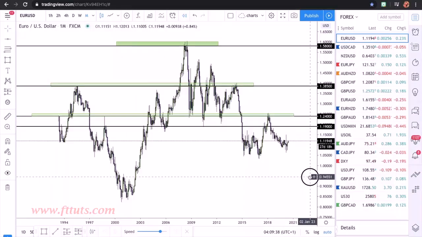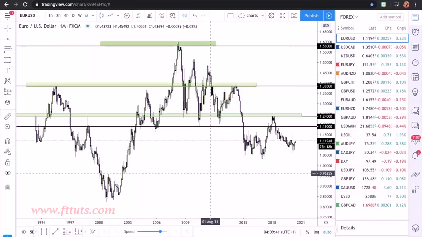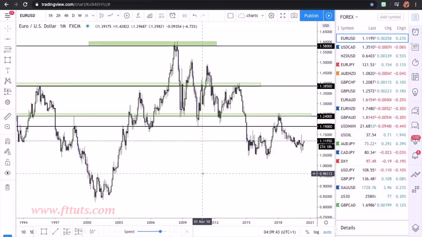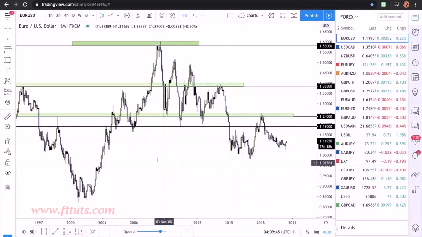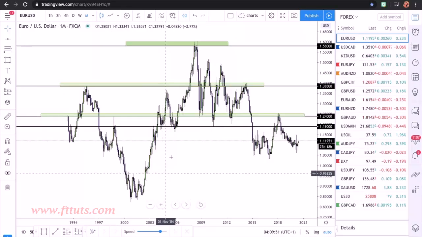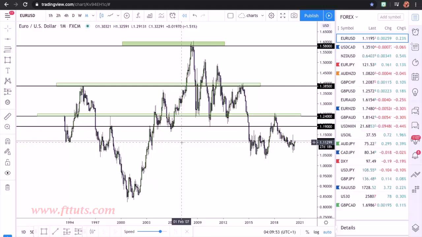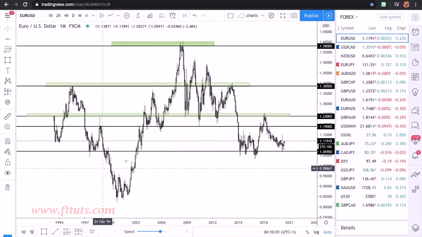Okay, so let's get to where price is at currently. So 1.11950. So we have a zone kind of in this area. Let's just see how this works.